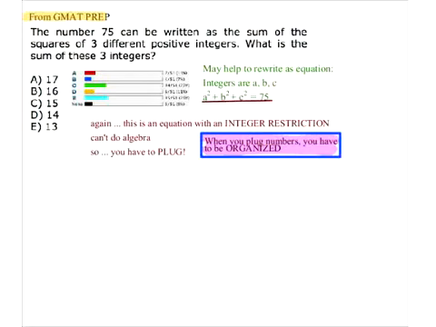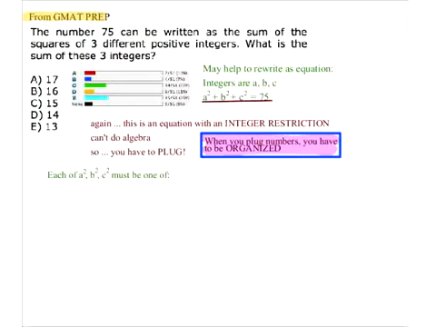So each of these squares, these are all perfect squares. Each of the A squared and B squared and C squared must be one of the list of perfect squares. So there's your exponents.